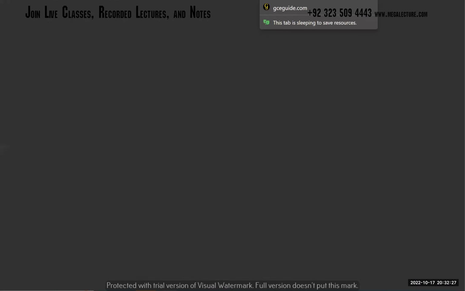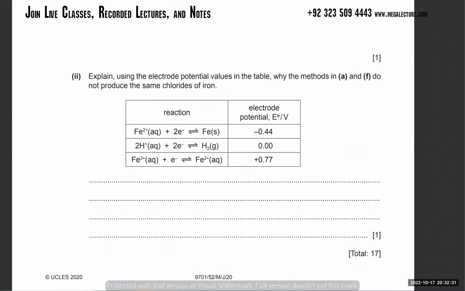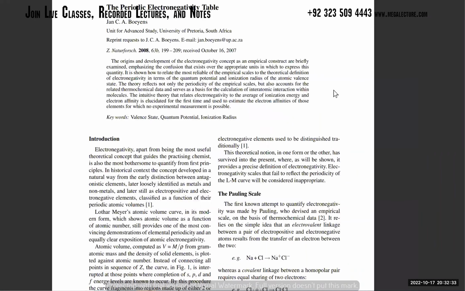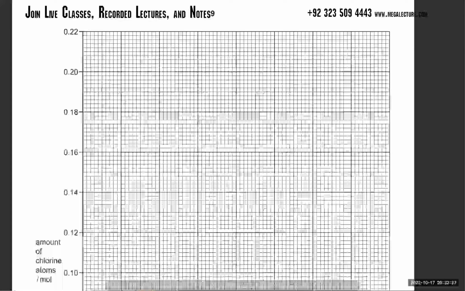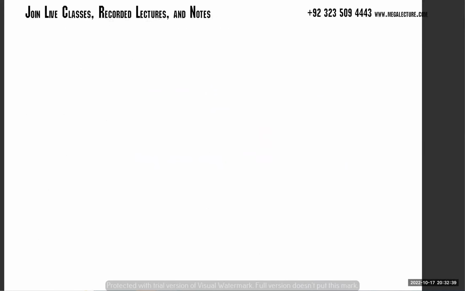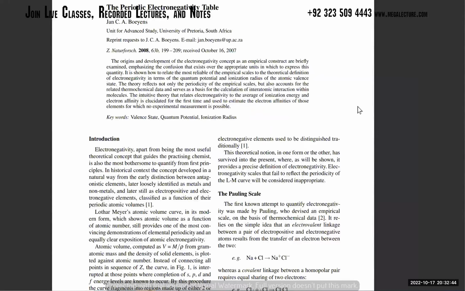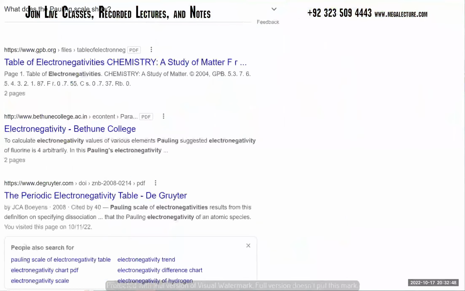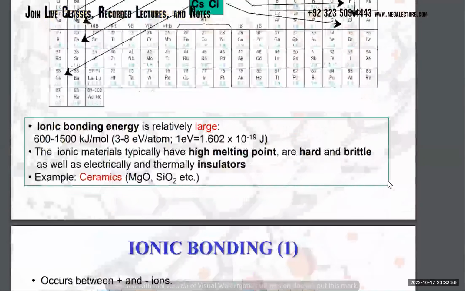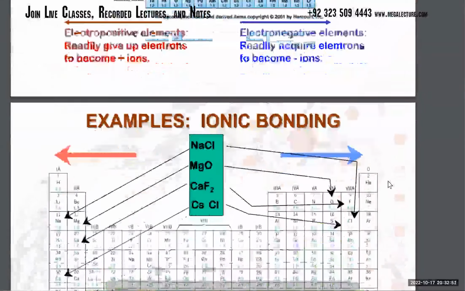I said, now who wants to lose electrons? Who's got delocalized electrons? Let's look at the table.